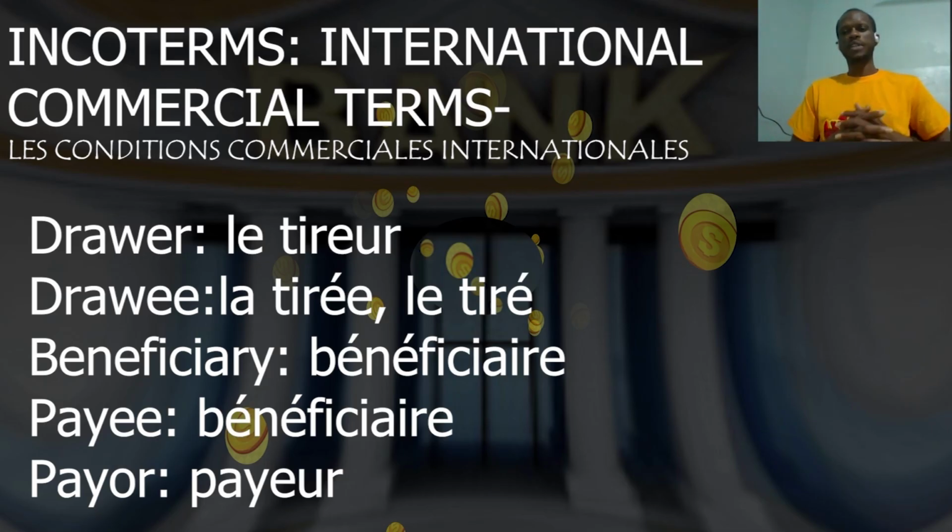So, ladies and gentlemen, without further ado, let's explain this term, drawer. A drawer is the one issuing a letter of order, ordering the bank where the client has his bank account to ask the payment at a specific date to the beneficiary, either another person or the supplier himself, because he has rendered services to that client.